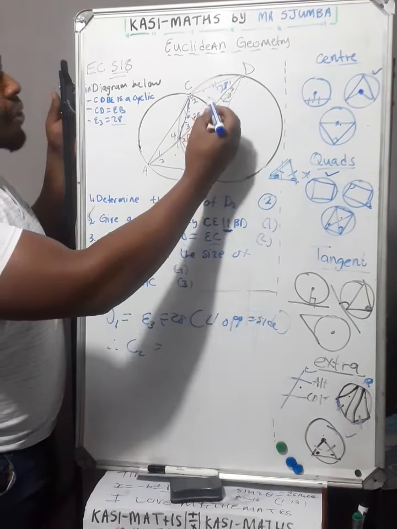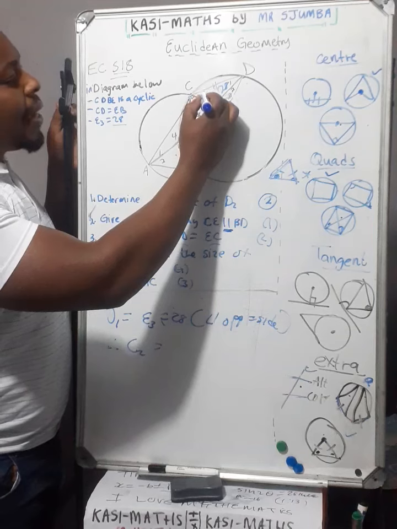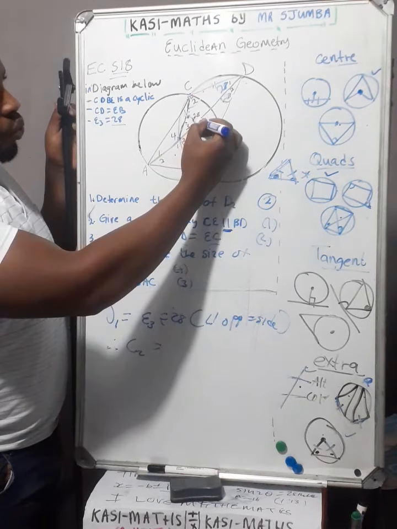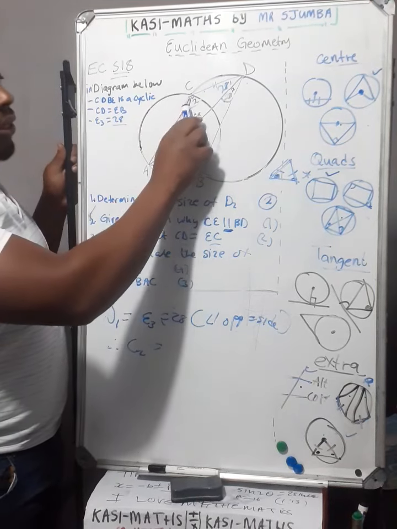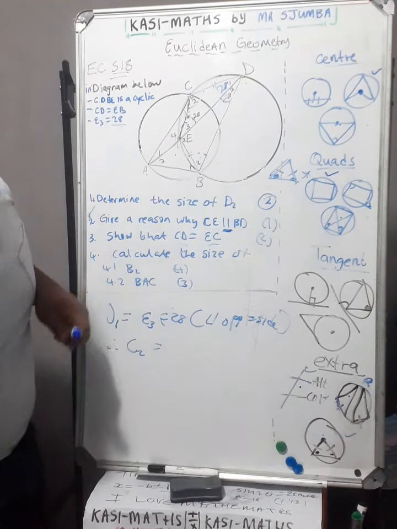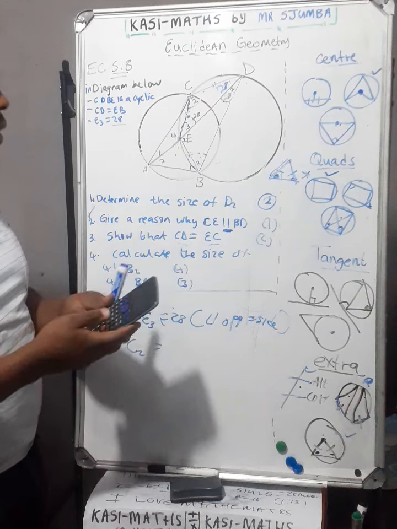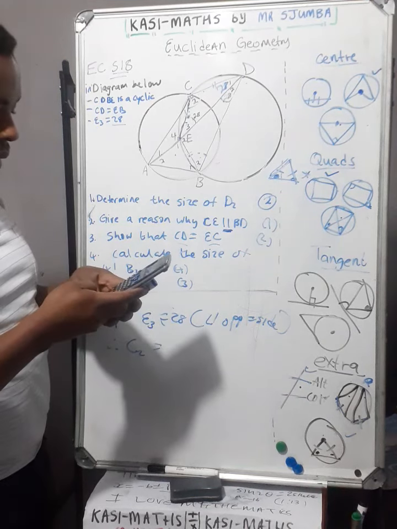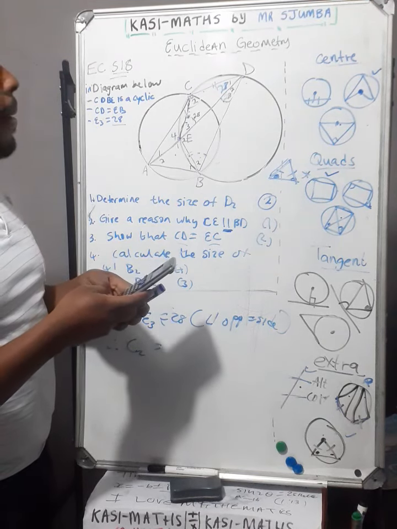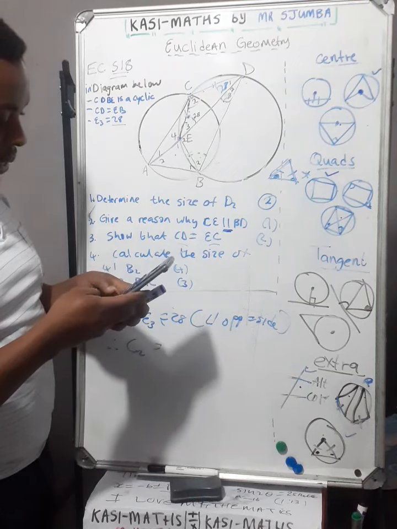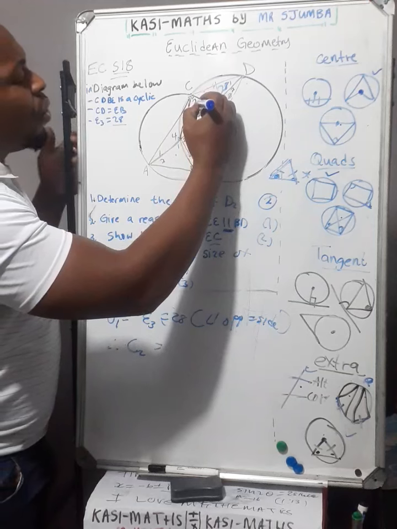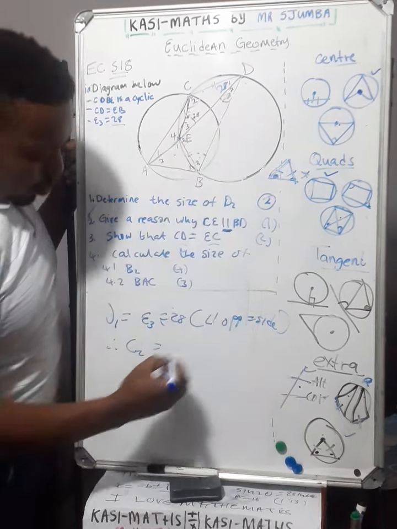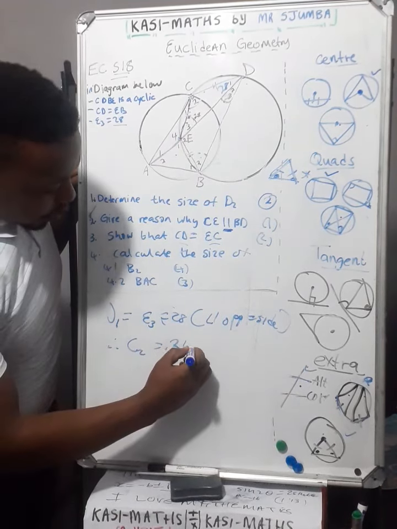Okay. So this means that this angle C2, since this is 28 and this is 28, we do 180 degrees minus these, and we get 180 degrees minus 28, which gives 124. So C2 is equal to 124.